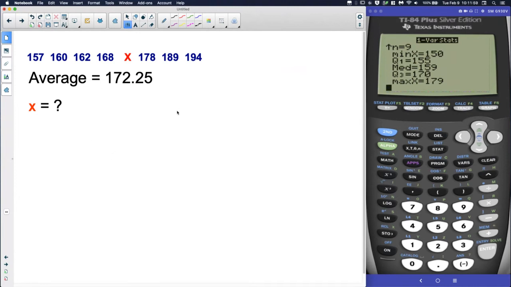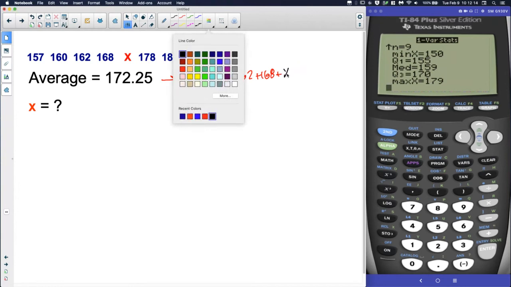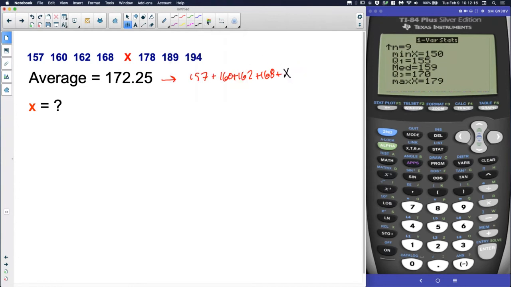Well, yeah. What I can do is I can say, okay, I know the average. I've got to add them all up. So 157 plus 160 plus 162 plus 168 plus, and I don't know what that is, plus X, plus 178 plus 189 plus 194.